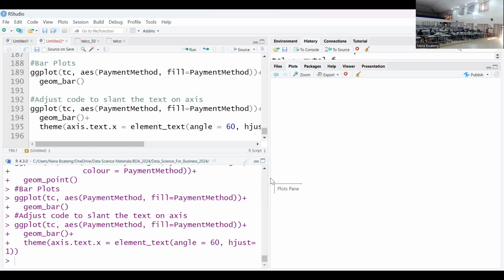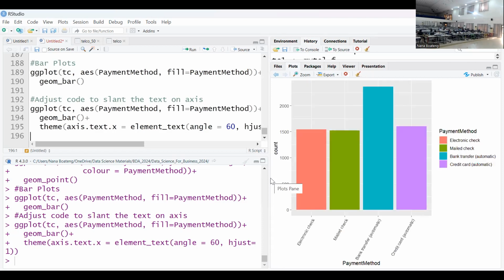The x-axis title, the payment method, that's the one. That's a justifier. So when you make it zero, it's the position of the justifier.